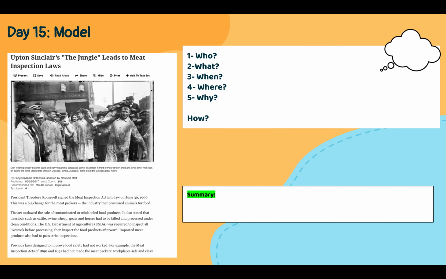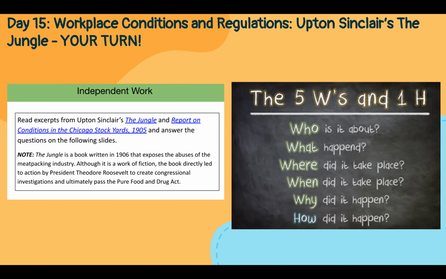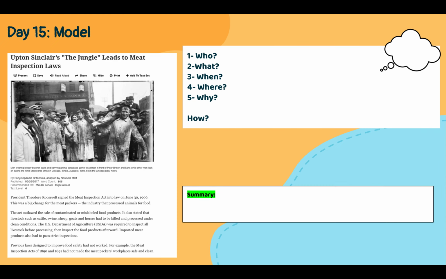So in day 15 of our unit, Passport to Social Studies, we start to engage in texts around workplace conditions and regulations, in particular, Upton Sinclair's The Jungle, which is a report on the working conditions in stockyards.